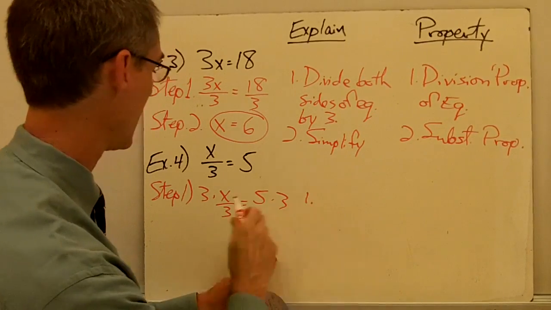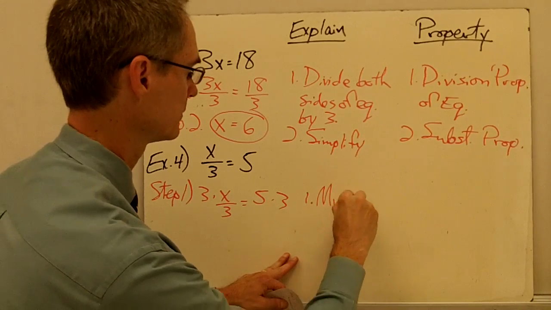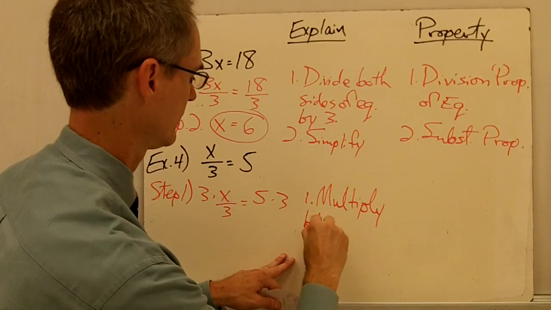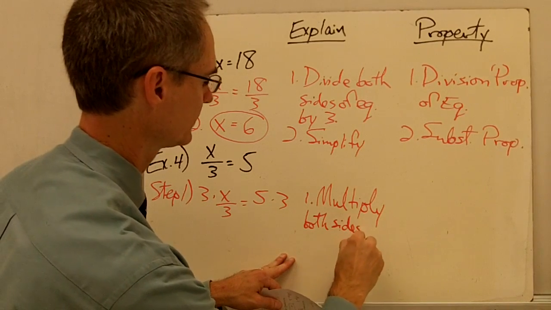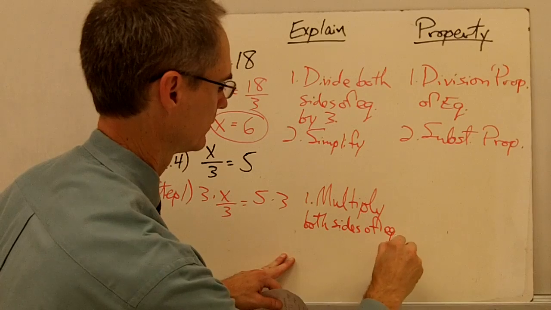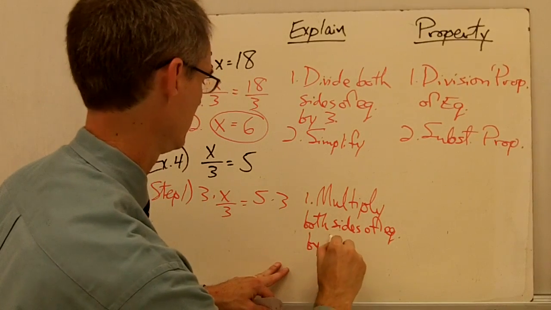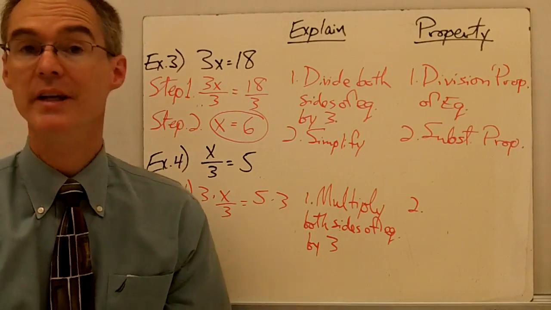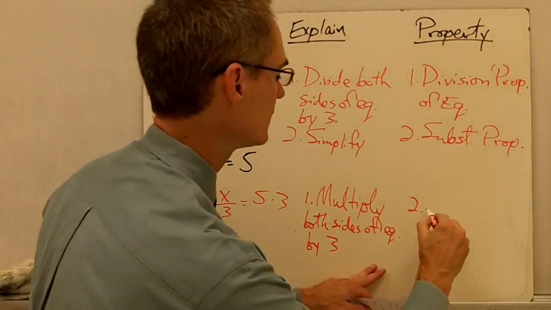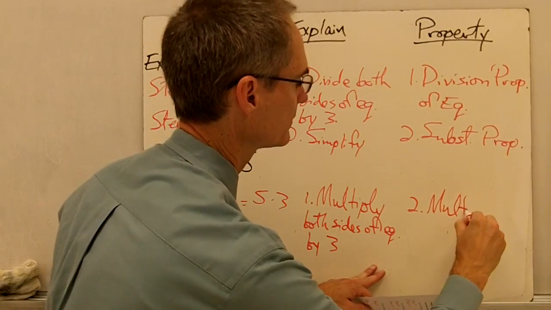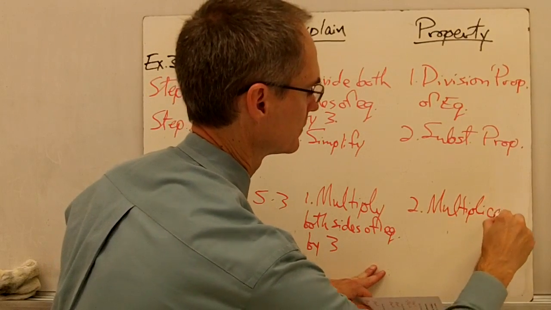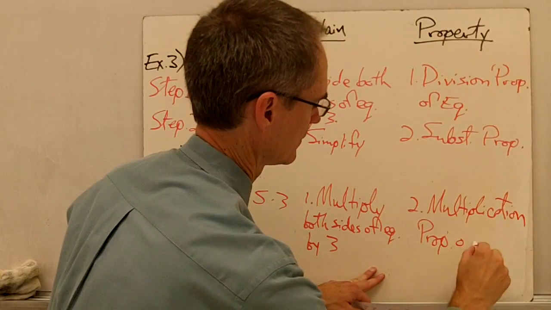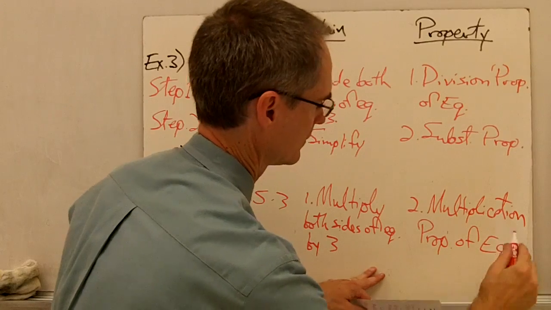To explain what I'm doing, I am multiplying both sides of the equation by 3. You may have already guessed that the name of this property is the multiplication property of equality.